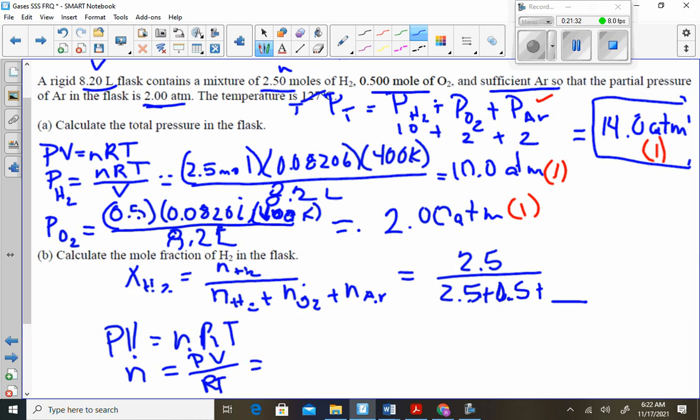And our pressure of argon is 2 atmospheres. That's our partial pressure of the argon. Our volume is that 8.2 liters. That's the size of the flask.